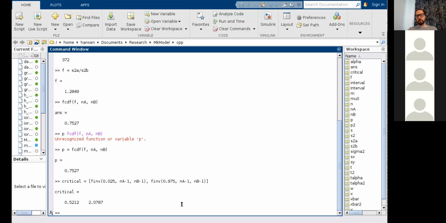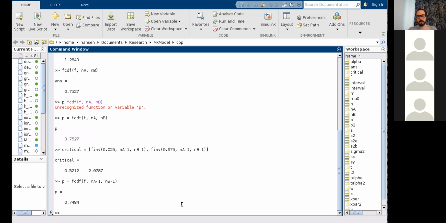This is the acceptable region. Basically anything below the lower value or above the higher value would be in the critical region, right? So I'll recalculate the p-value because I actually did that wrong. It should be n minus 1 here and minus 1 here. Doesn't change it all that much. If anything, it's even more conservative, this value, right?